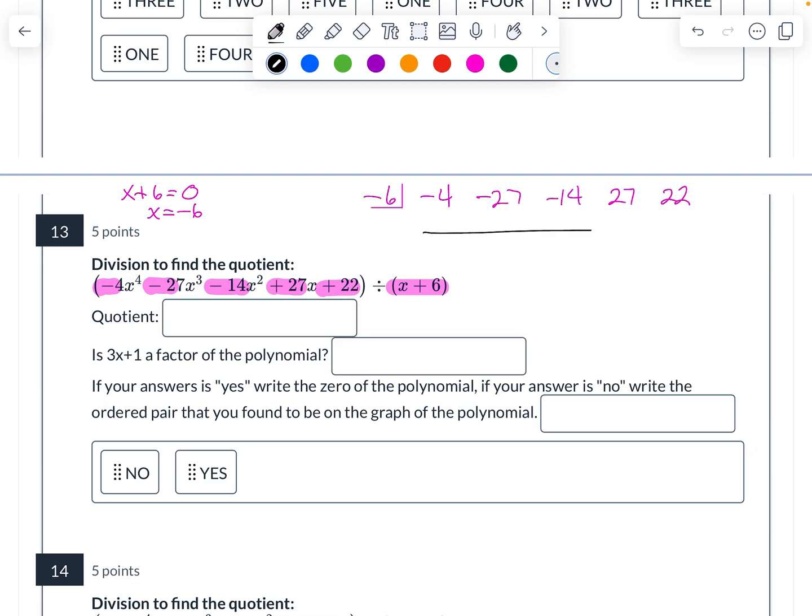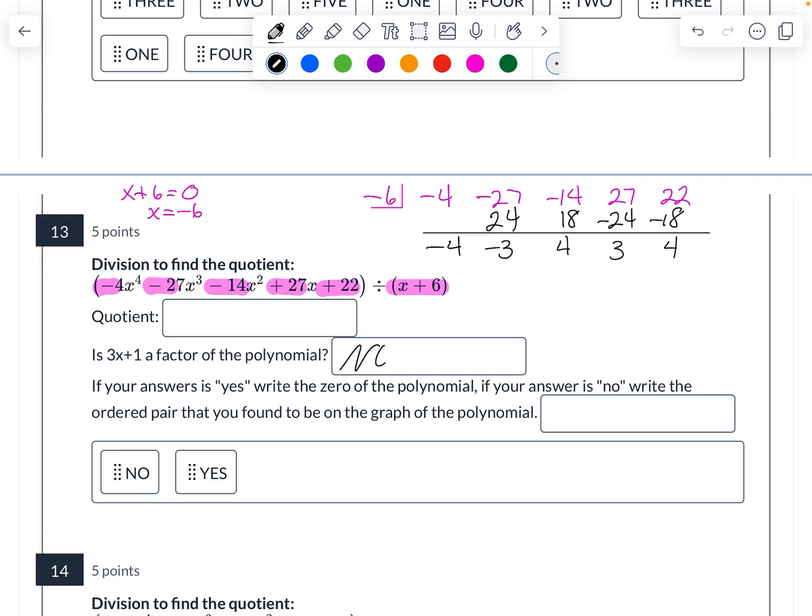Give yourself a space and bring the first number down. Negative 6 times negative 4 is 24, minus 27 is negative 3, times negative 6 is 18, minus 14 is 4, times negative 6 is negative 24, add is 3, multiply is negative 18, add is 4.